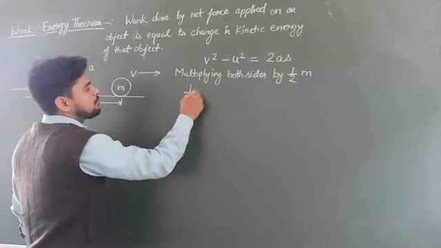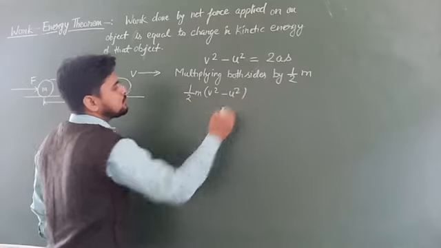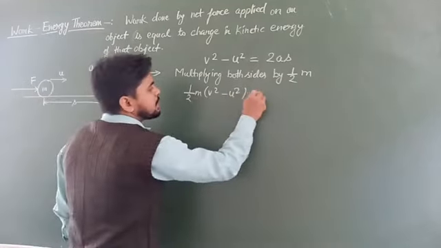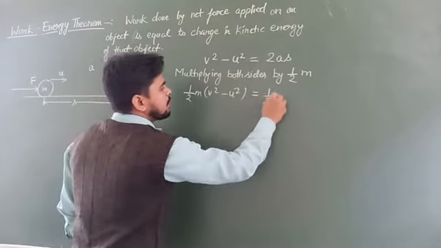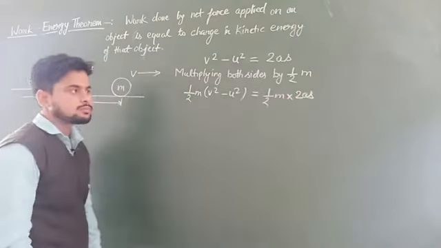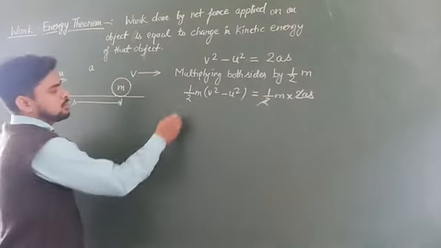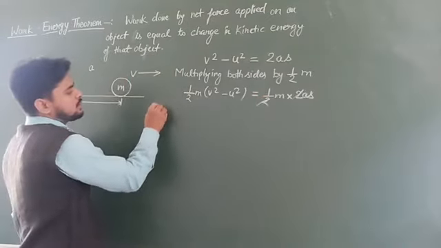Half m into v square minus u square equals half m into 2as. Now here 2 and 2 cancel out.